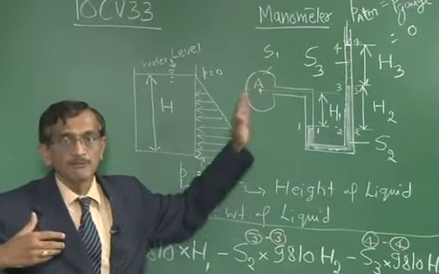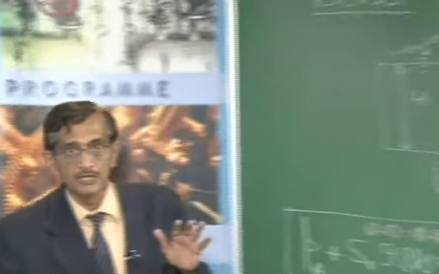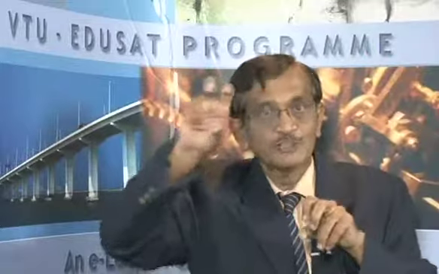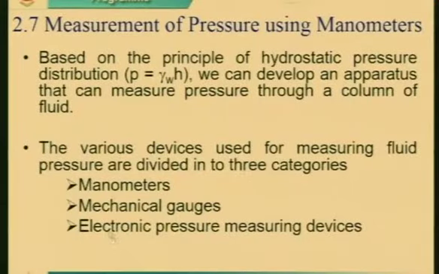Next one is mechanical gauges. You might have seen mechanical gauges in factories and in petrol pumps, and they are there in many industries. So, they are very useful. Even in small hotels, where they make idli, they put pressure gauges. And number 3 are the most ultra modern, called electronic pressure measuring devices.